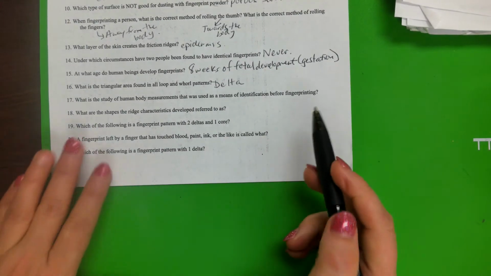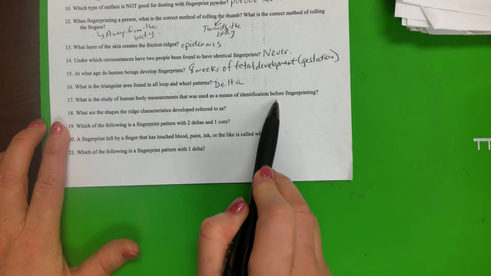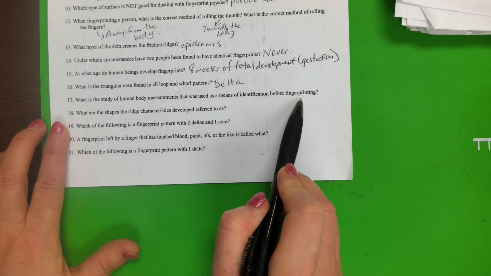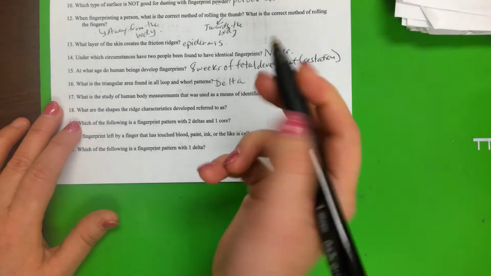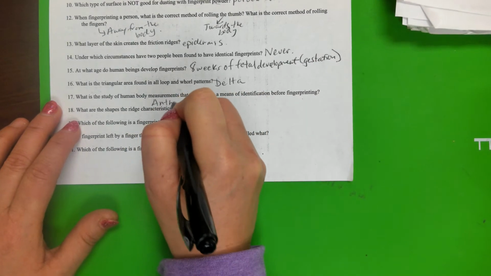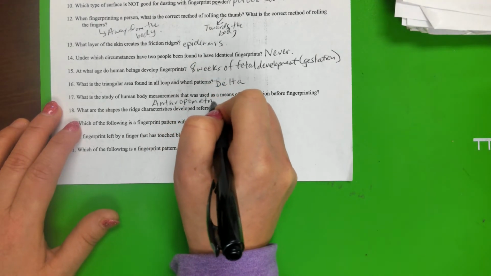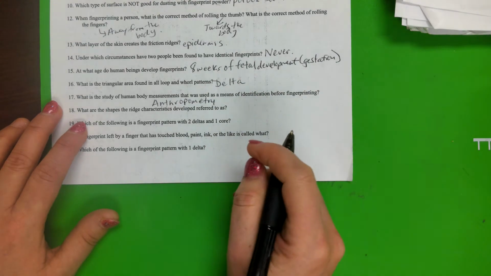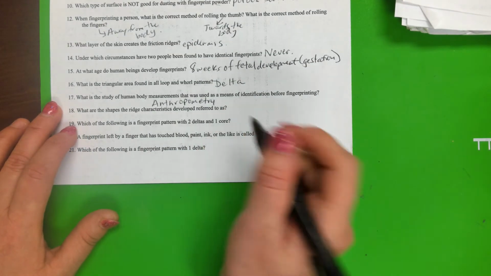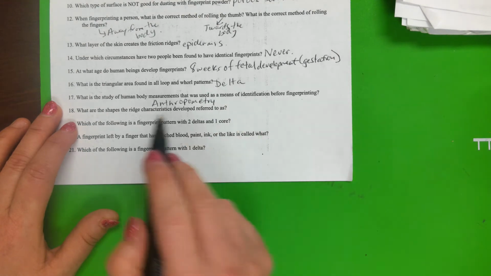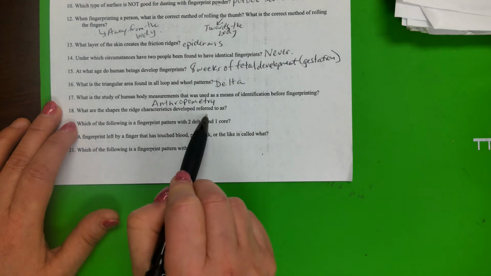What is the study of human body measurement that was used as a means of identification before fingerprinting? This is called anthropometry. That's when they measured several parts of the body. What are the shapes the ridge characteristics develop referred to as?